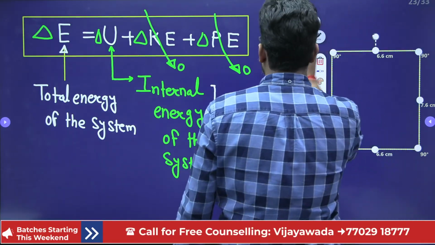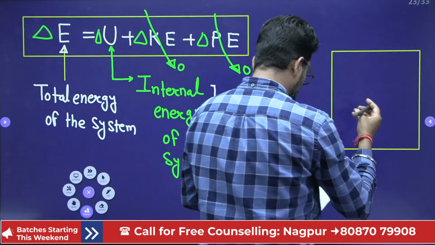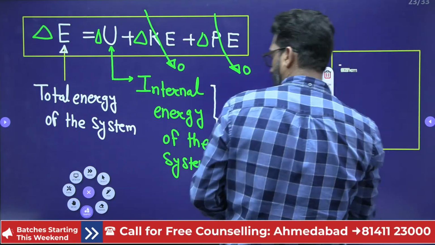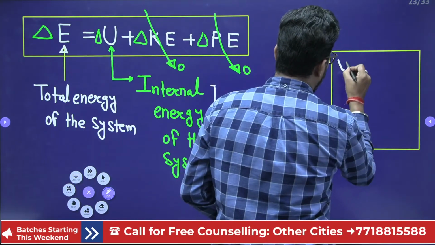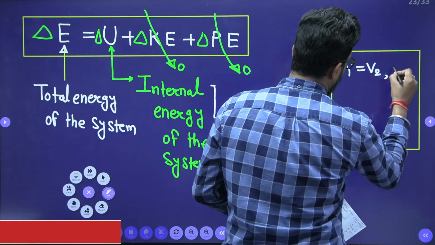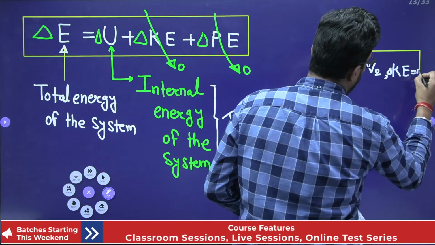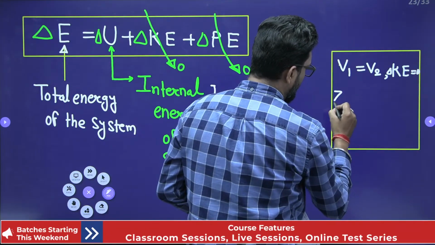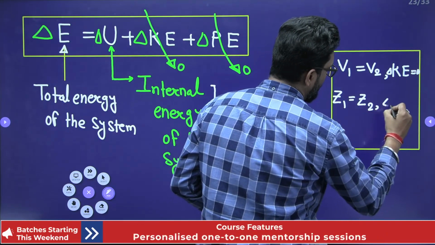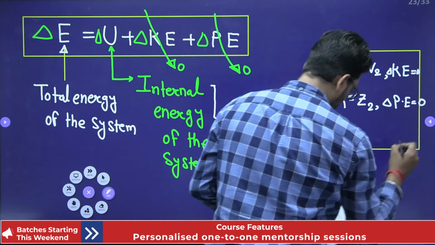If the initial velocity v1 is equal to v2, that means the kinetic energy change is 0. z1 is equal to z2, that means the change in potential energy is 0.